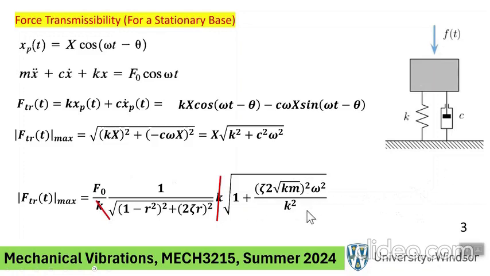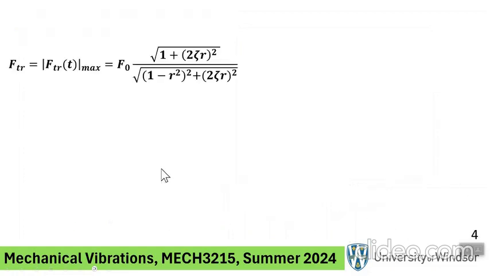Just write it down. You get that. The moral of the story is that we got the transmitted force in terms of this term, that term, of course, once you take its square root, and then 1. Cleaned up version, next page, right there.